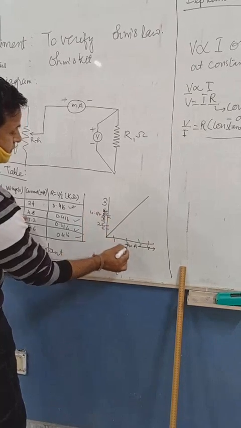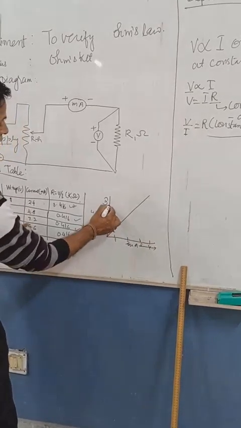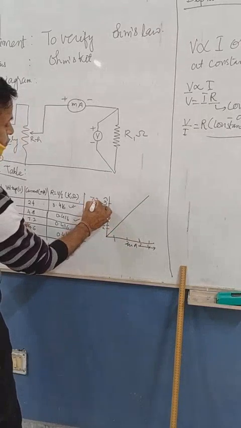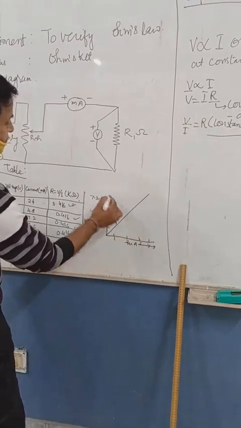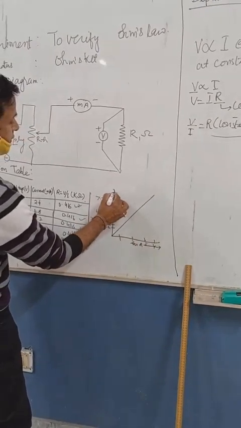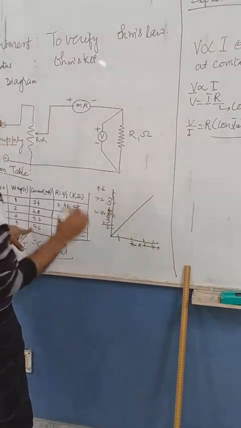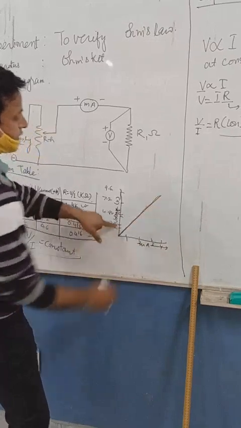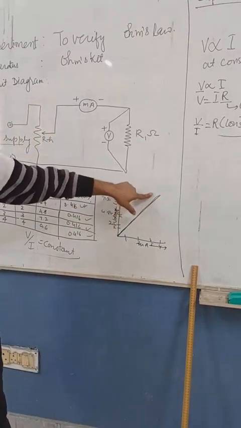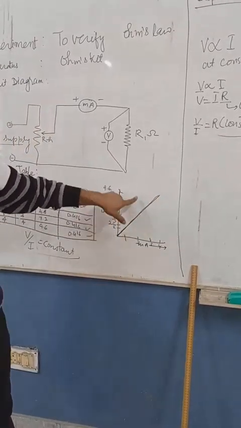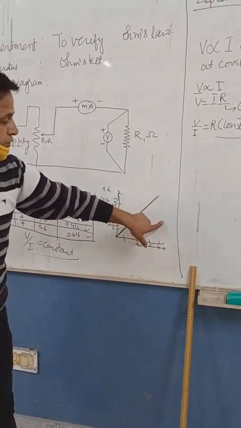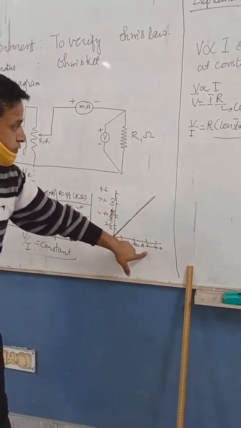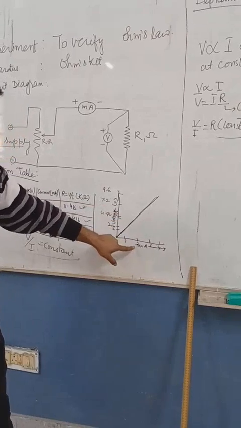When it is 3, it comes out to be 7.2. When it is 4, it comes to be 9.6. So this graph is a straight line. A straight line is an indication that one thing is proportional to another. That is, V is proportional to I. That's all for today.